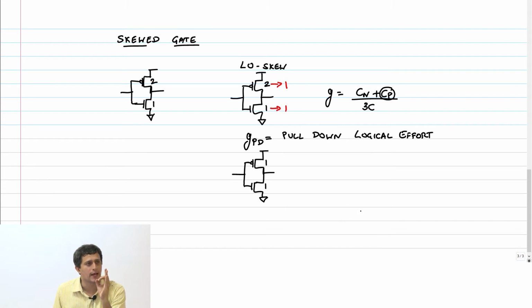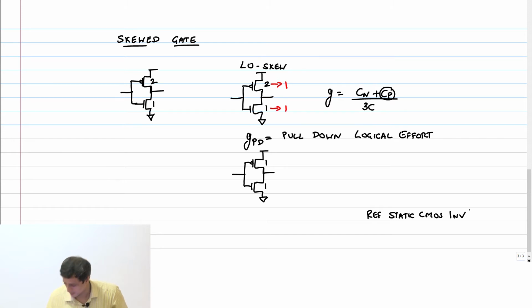I now need to compare the capacitance offered by this gate to the capacitance of a symmetric static CMOS inverter with the same pull down strength. Because now I am talking of the pull down case, I am talking of the falling edge. Therefore, I am now going to construct my reference CMOS inverter. Okay, this is my low skew inverter. This is my reference static CMOS inverter. Okay, you have to tell me what these sizes should be of the NMOS and PMOS transistors.